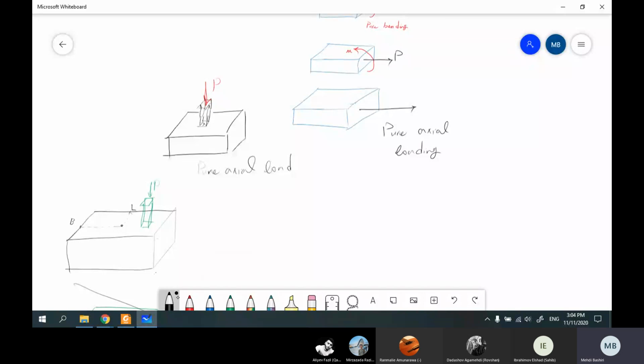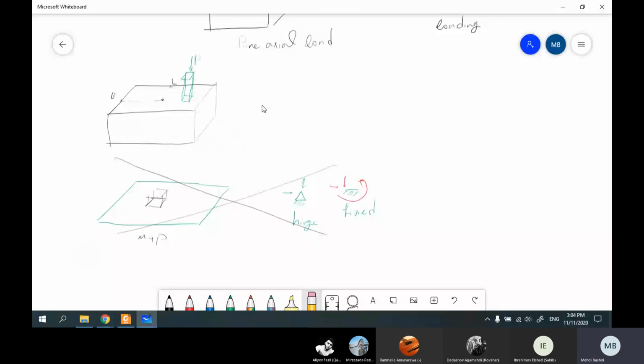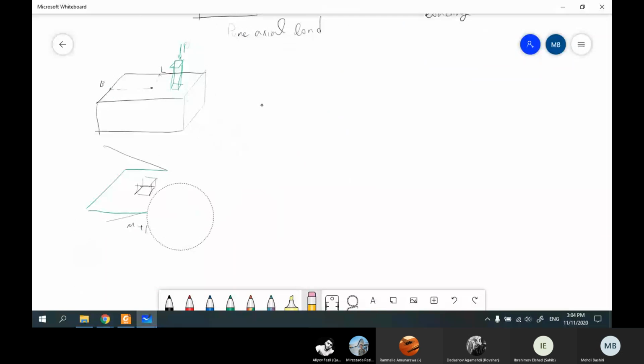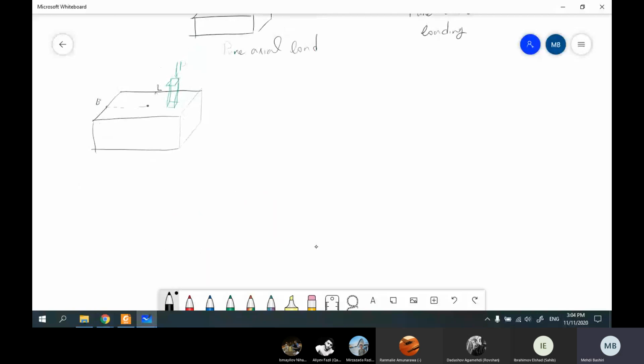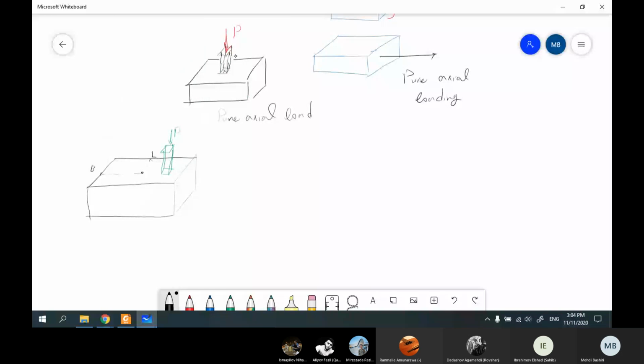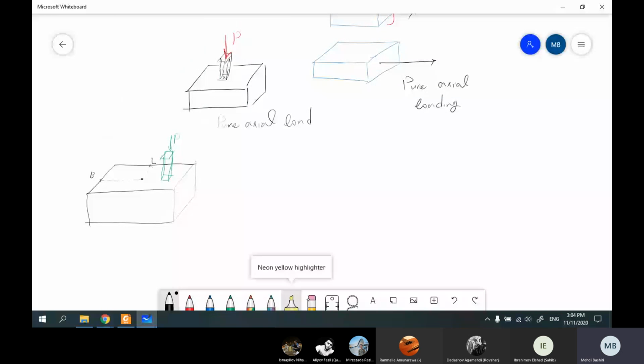How? Why can we make it easier? Because we need to find the stress distribution below this foundation. For example, everything is uniform in this case. What does it mean, uniform?